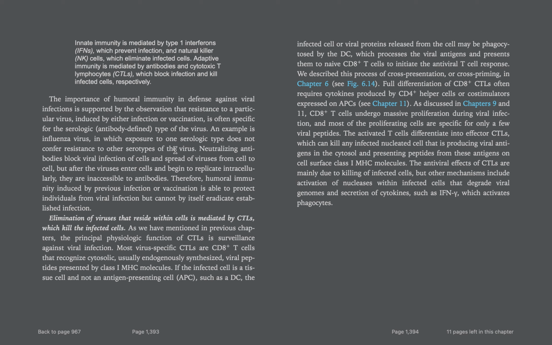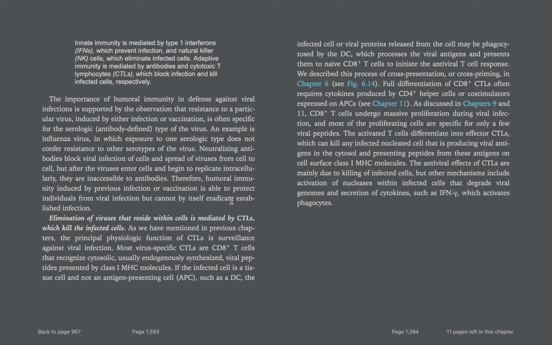An example is influenza virus, in which exposure to one serological type does not confer resistance to other serotypes of viruses. Neutralizing antibodies block viral infection of cells and spread of viruses from cell to cell, but after viruses enter the cells and begin to replicate intracellularly, they are inaccessible to antibodies.